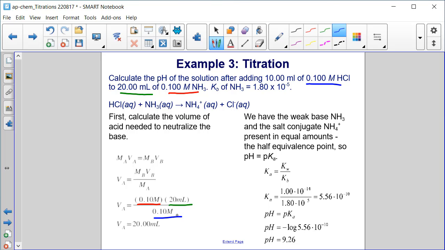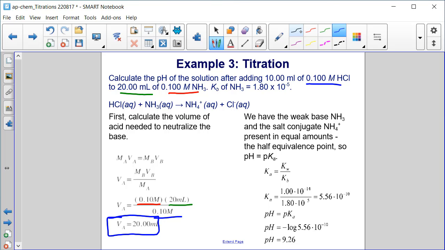When we do that, we see that the volume of the acid at the neutralization or equivalence point is 20.0 milliliters. So we have to add 20 milliliters of HCl in order to neutralize all of the base.